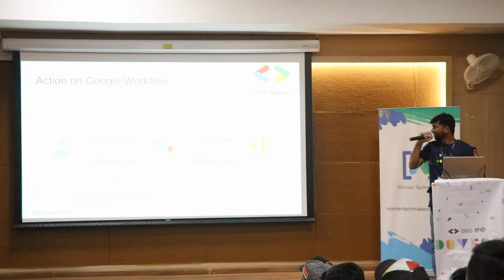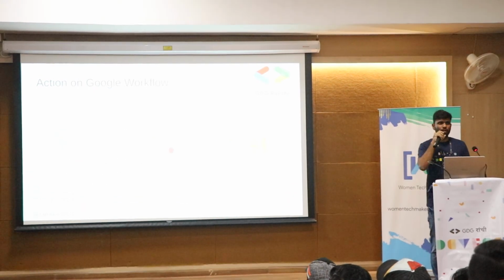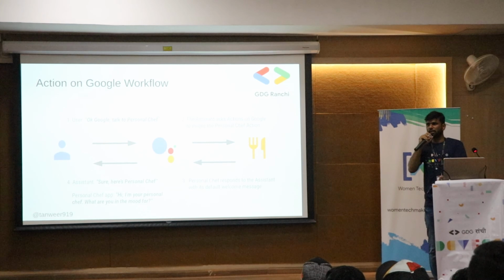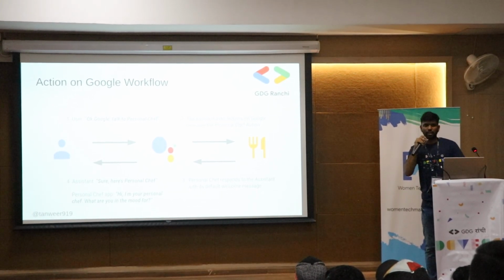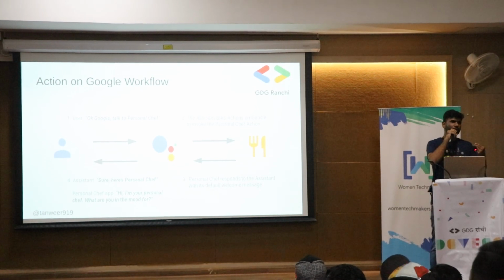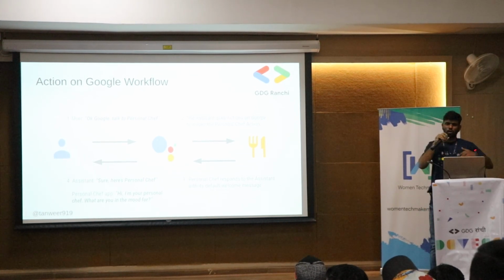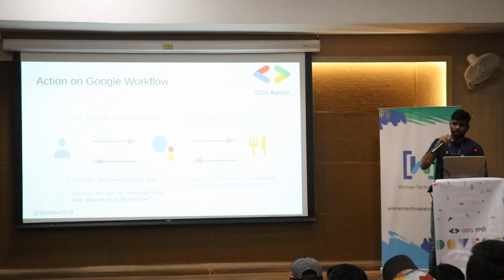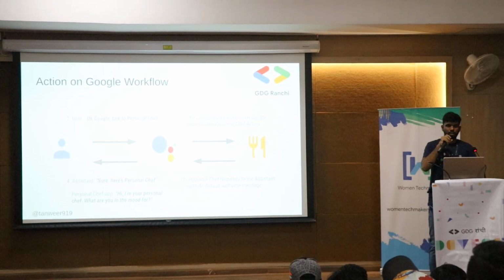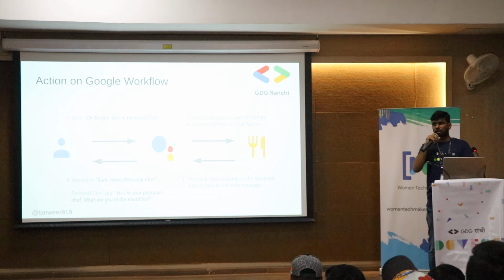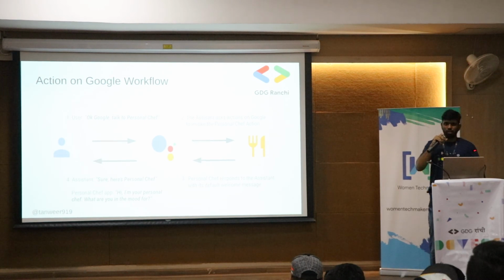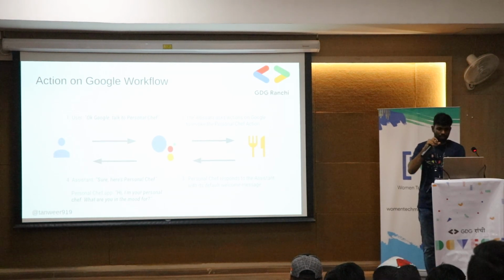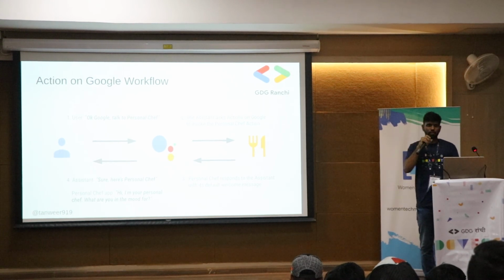What Google does is use NLP to recognize what you have said using speech recognition. It detects that you have said to talk to personal chef. So Google Assistant uses the Google action to call personal chef, and then personal chef, using Dialogflow and all that, gives you responses according to your need.